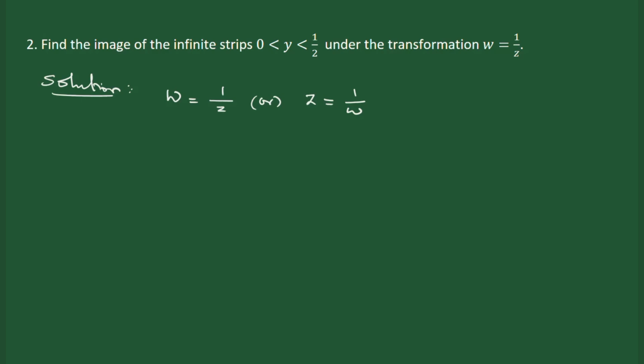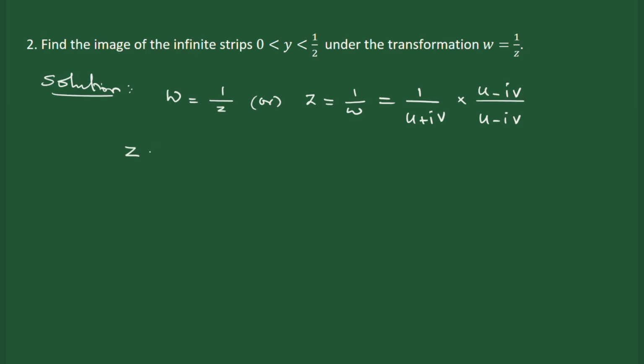So first let us consider z as 1 by w, which is equal to 1 by u plus iv, because w is equal to u plus iv. Now we have to multiply and divide by its conjugate, that is u minus iv.